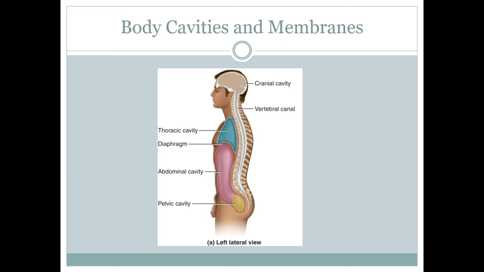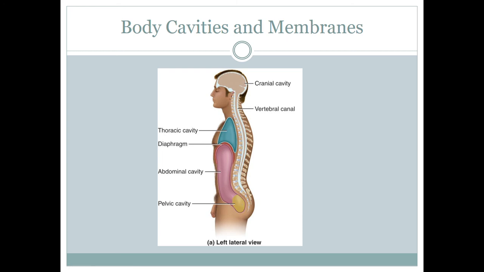And then inferior to the thoracic cavity, you have one large continuous compartment called the abdominopelvic cavity, which is spelled just as one word. Now, the upper part of the abdominopelvic cavity, which you see here, is called the abdominal cavity, and the lower part is called the pelvic cavity.